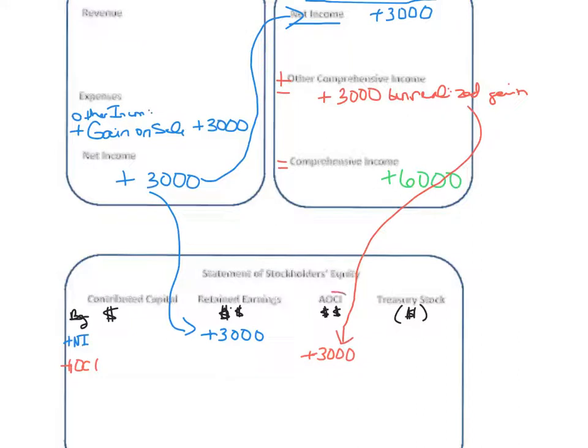So this is the balance sheet account that captures the temporary accounts from the other comprehensive income, just like this is the balance sheet account that captures the temporary accounts from net income. All right, so that's what we did with that activity. Just showing how things flow in those statements.